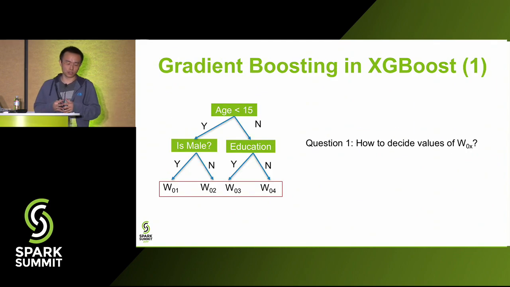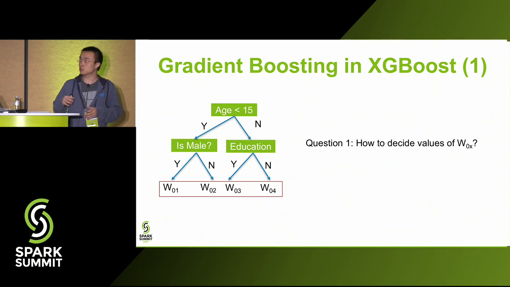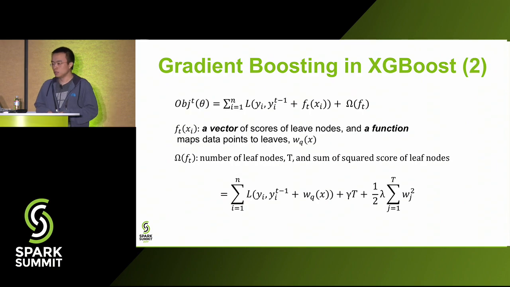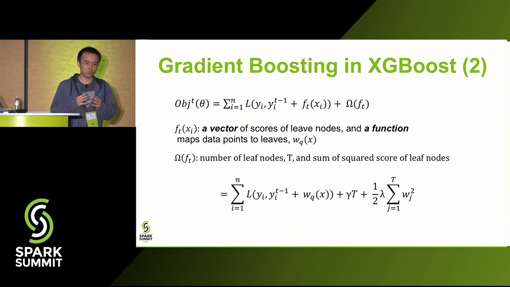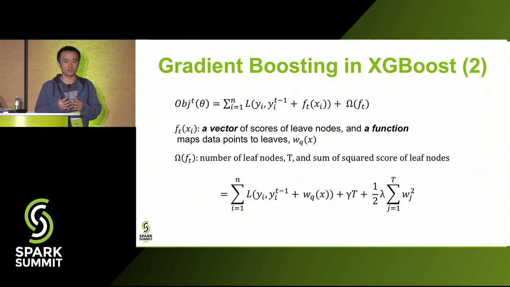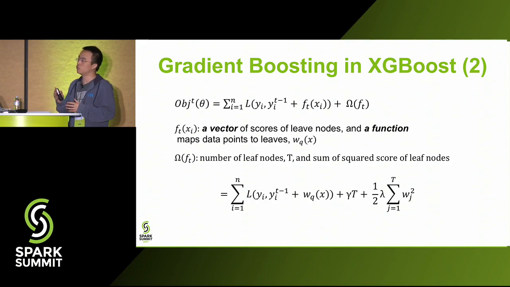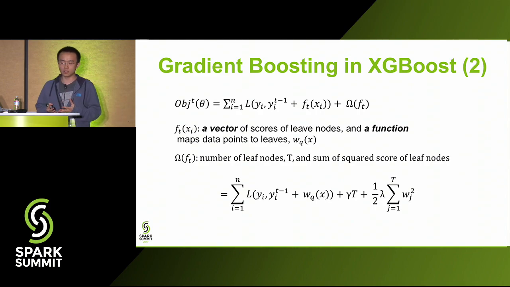We have to answer two questions here. First, specific to this tree, how to determine the score on the leaf node. So the idea here is that the first step for us is to represent the objective function as something related to the score on the leaf node. So here we define the function as a vector of the scores of the leaves, and another function which maps the data points to a certain leaf node.